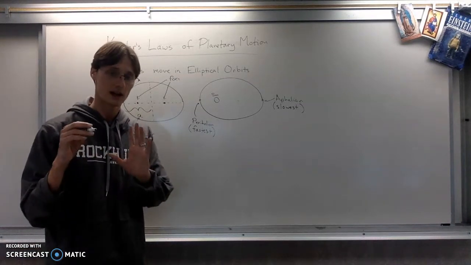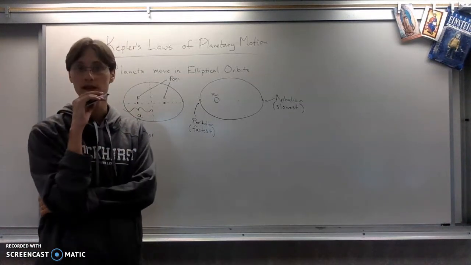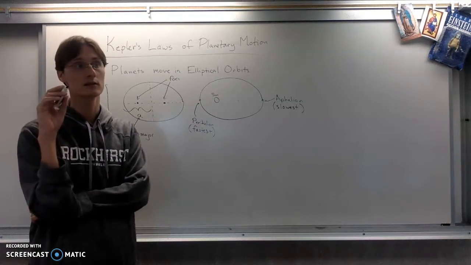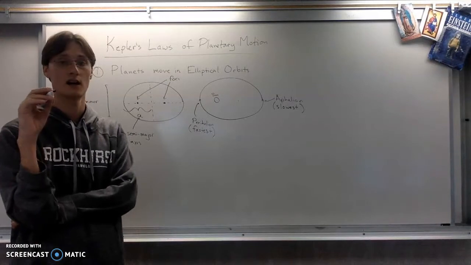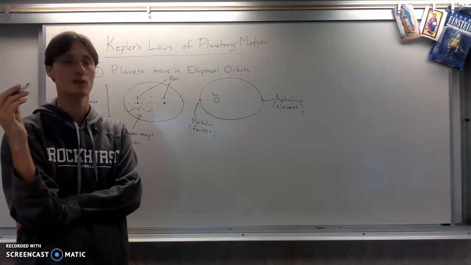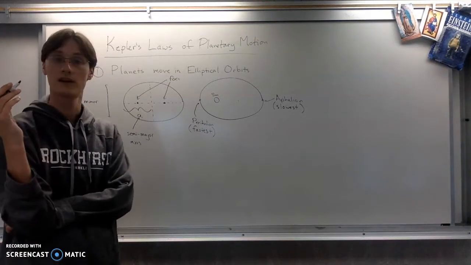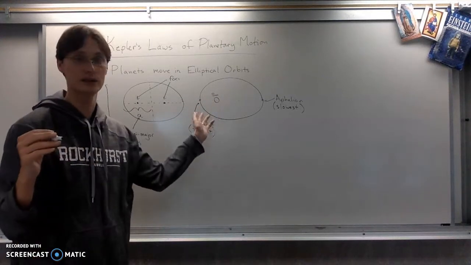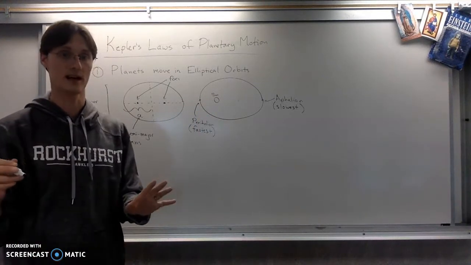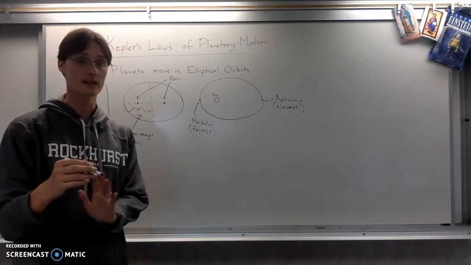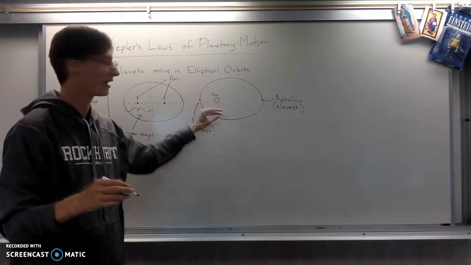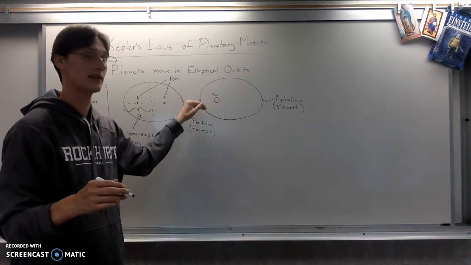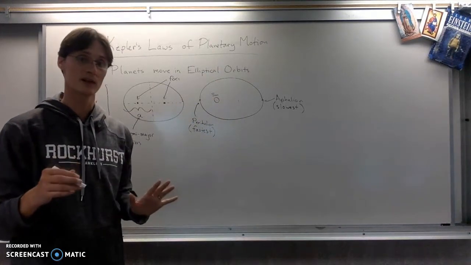A little while ago we learned an equation for the speed of something that's moving in a circular orbit. That equation does not apply to ellipses at all, so I won't even write it down. Anything at all that has to do with circles does not apply to ellipses. As this thing's moving in the elliptical orbit, it's speeding up and slowing down.